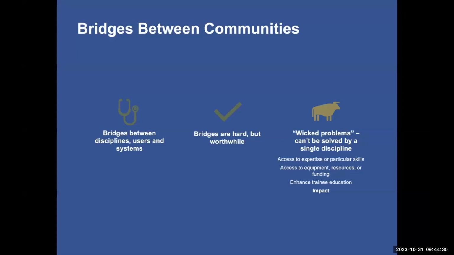And we need to remember that this is really hard, but it's worthwhile. And I think one of the things that I've seen in years of working across these boundaries is that wicked problems really bring out the best in people. So doing these really hard problems, for the most part, brings out really interesting things in folks. It also brings people resources.